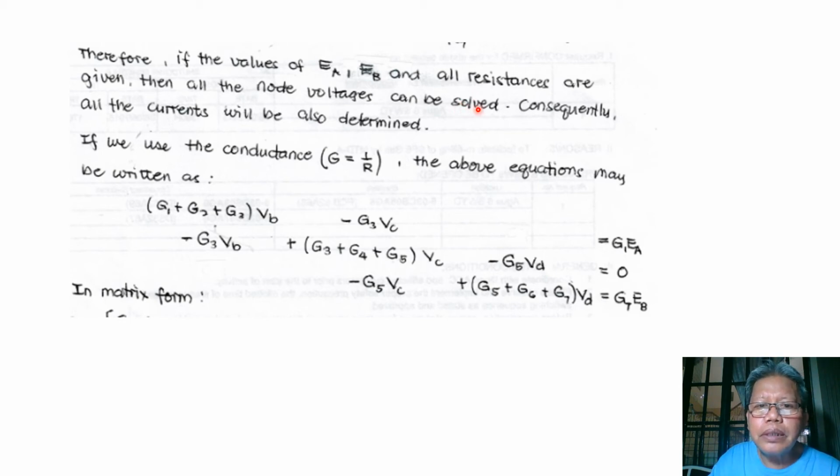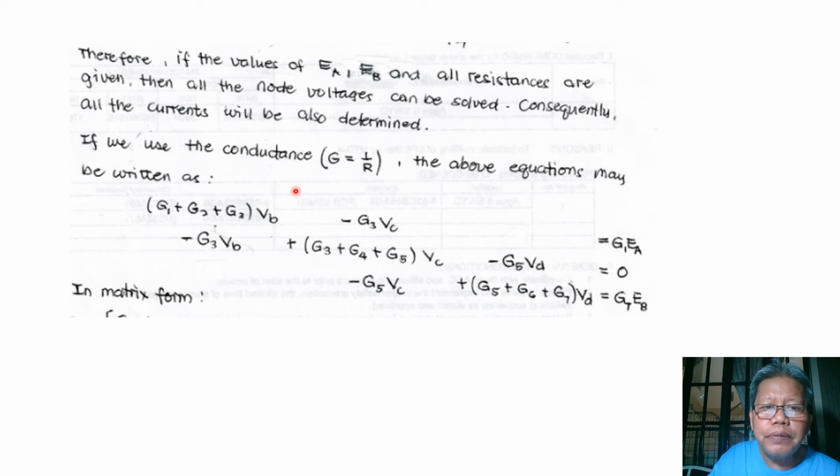You can use either the elimination method, substitution method, and other methods to solve the unknowns, which are the node voltages, given the values of resistances and the values of the battery voltages.